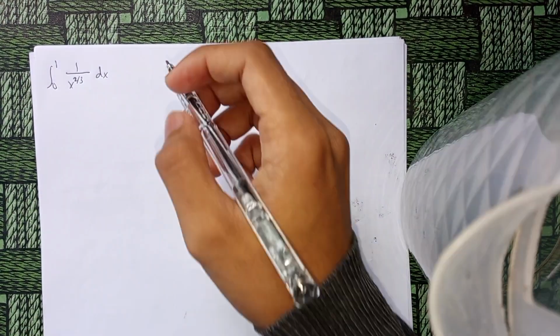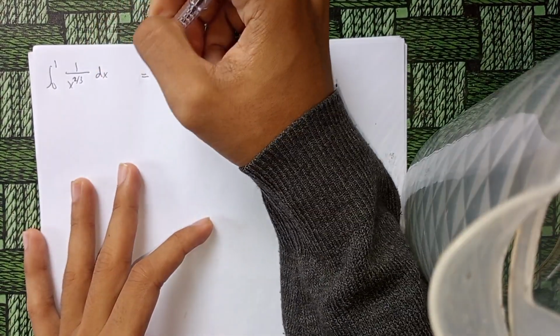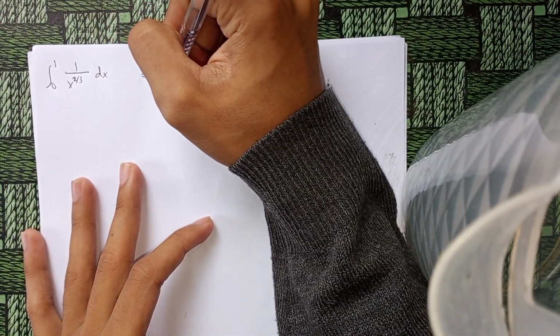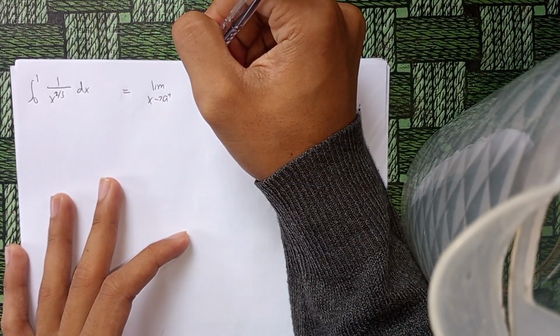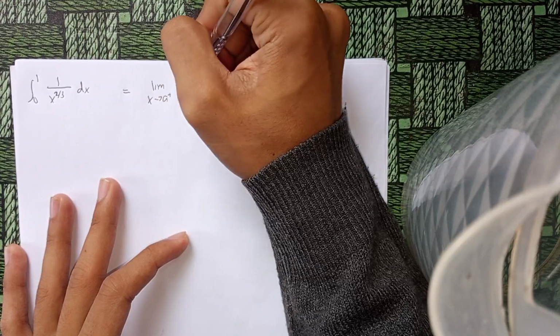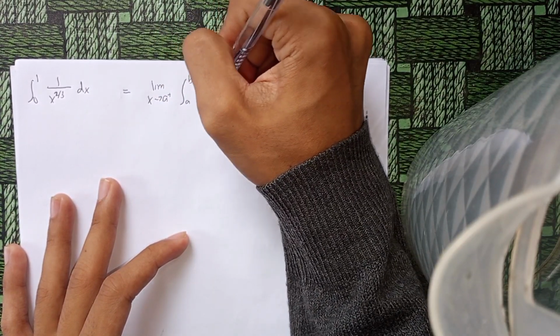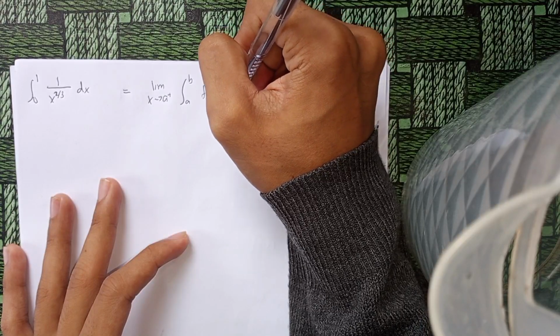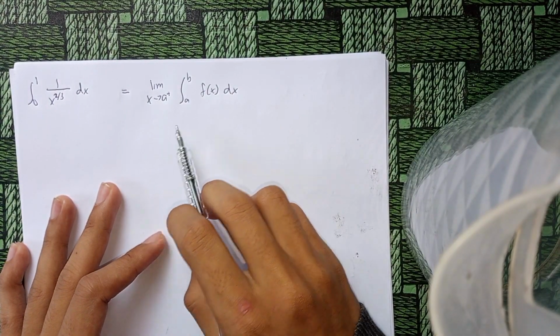So in this case, the formula is the limit as x approaches a from the right of the integral from a to b of f of x dx. So let us follow this guide or this formula.